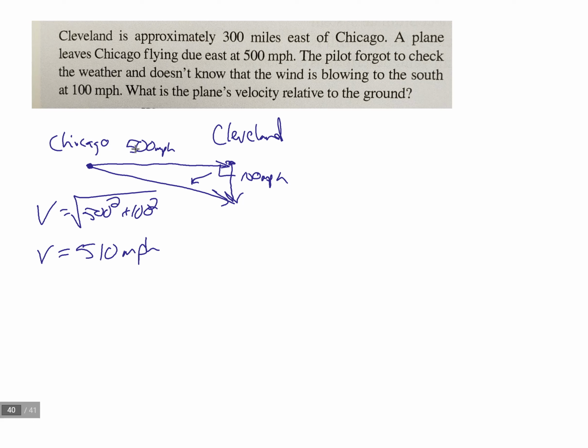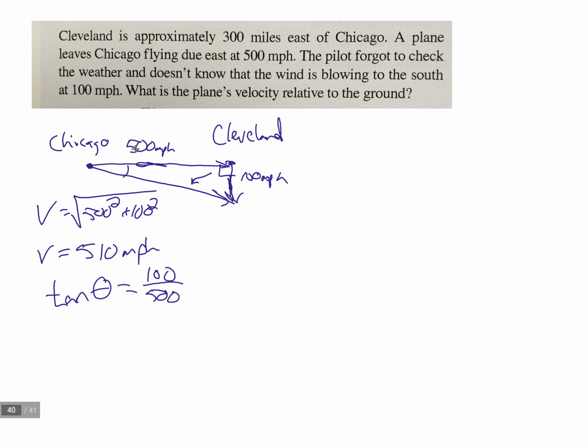Okay, but that's not it. That's just the speed. We need the angle here as well. To do that, we know this side and we know this side. Those are both sides of the triangle, not the hypotenuse, so that would be opposite and adjacent. That's tangent. So tangent of our angle theta equals opposite over adjacent.